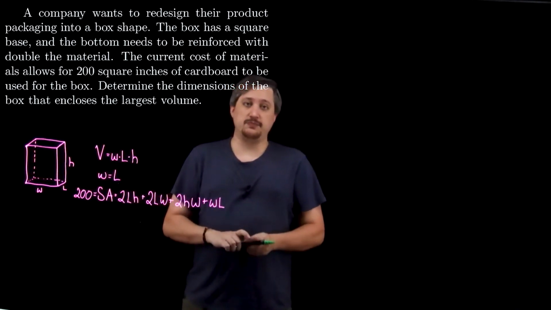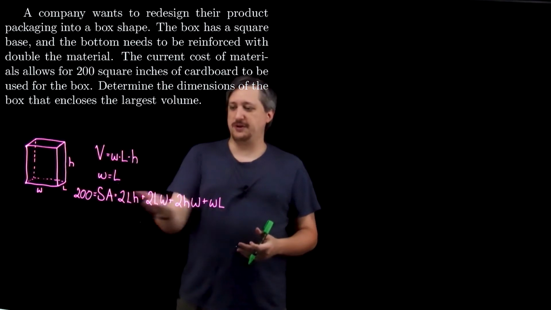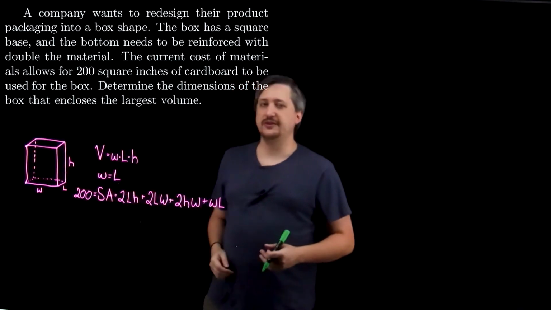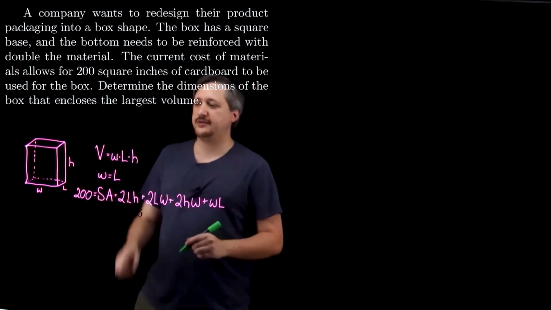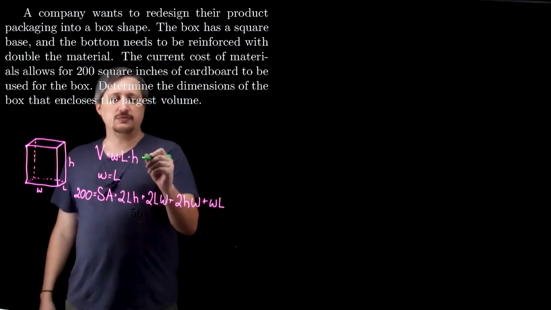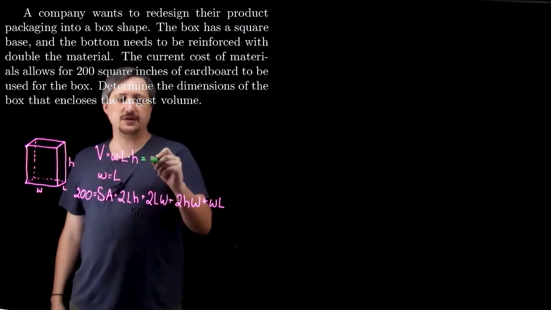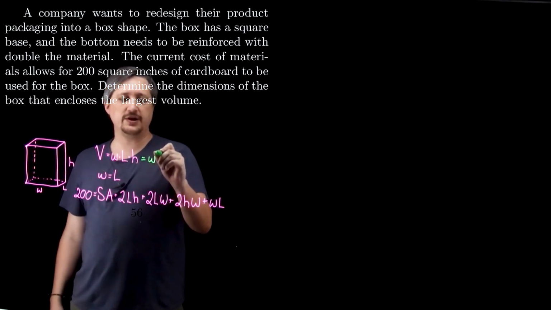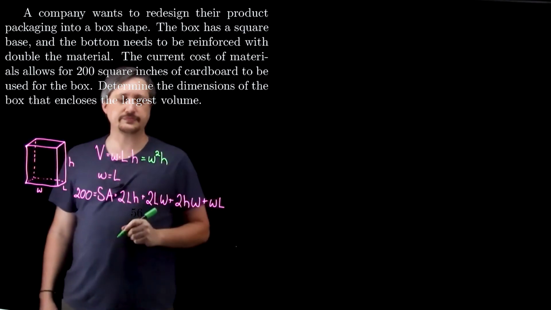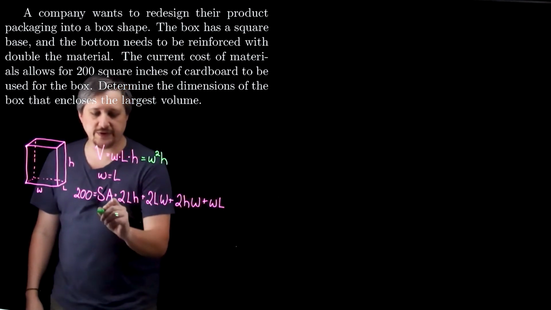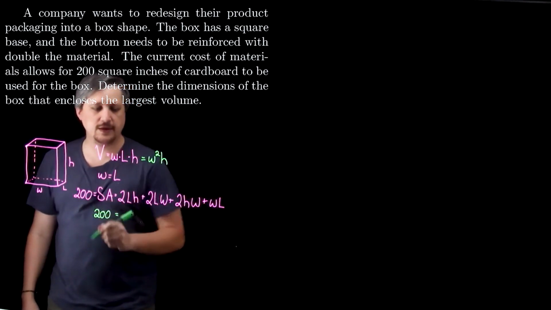And then I'm going to clean up the result, because there's probably going to be a bunch of similar terms in the surface area equation at least. For volume though, I can replace my length with my width here too, which will get me width times width, or width squared times height. And for surface area, I'm still going to have 200.